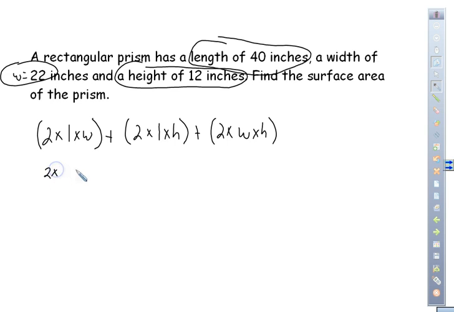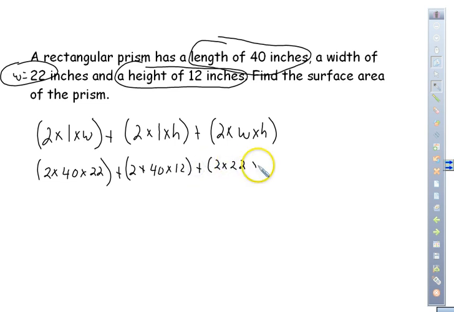So 2 times my length of 40, my width of 22. Add that to 2 times length of 40 and my height of 12, plus 2 times my width, which is 22, times my height, which is, again, not 40. Height is 12.